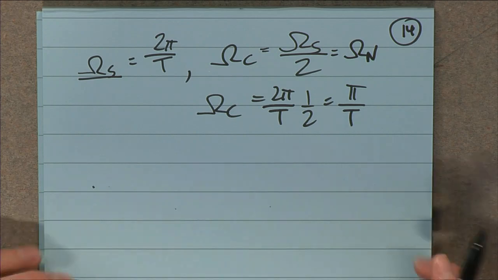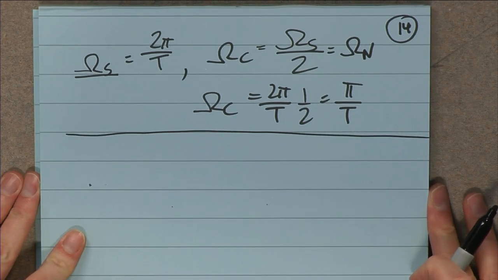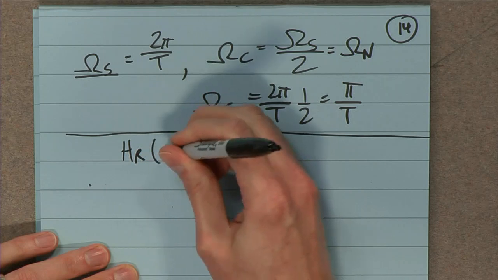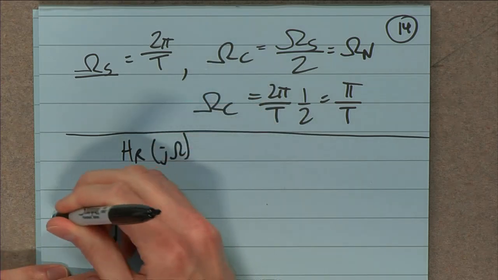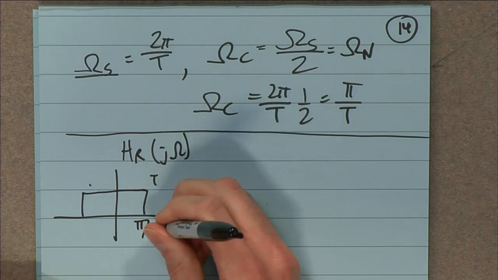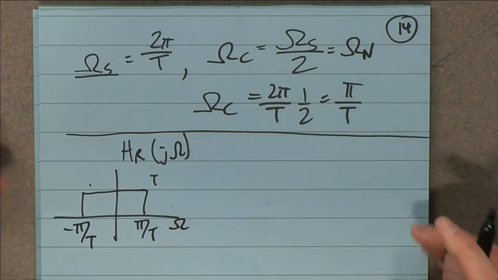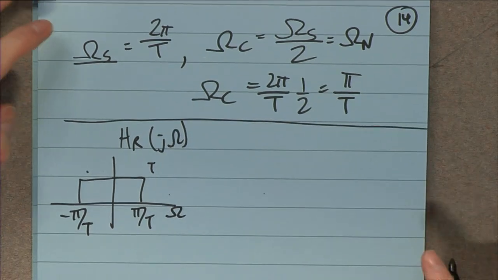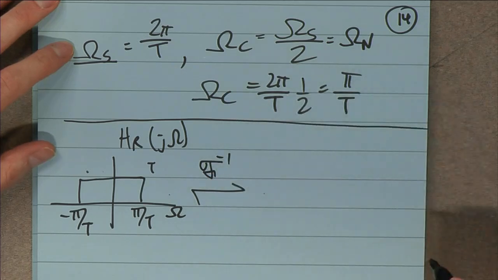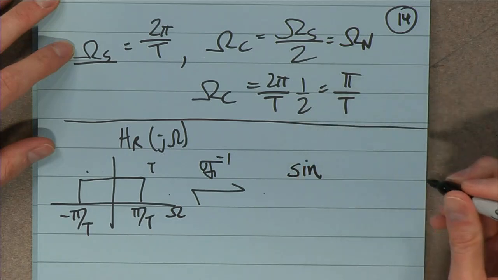All right, so now let's take a look at this filter in the time domain and see what it's doing. So we have this, I think that's t, and we've got pi over t and minus pi over t. And that's our reconstruction filter. Well, if we take the inverse Fourier transform and go back, what do we end up with?